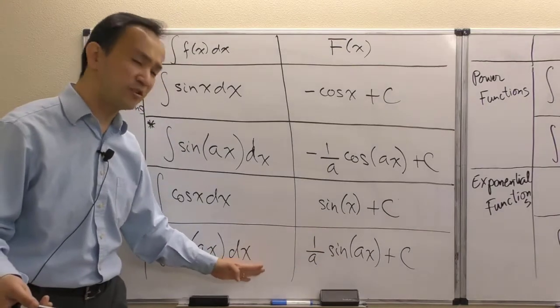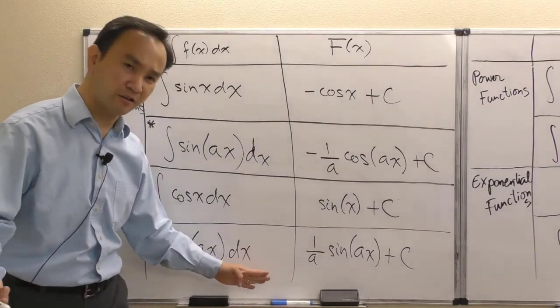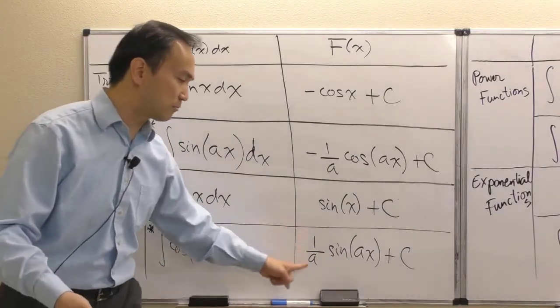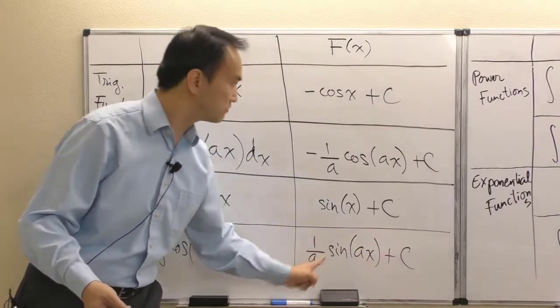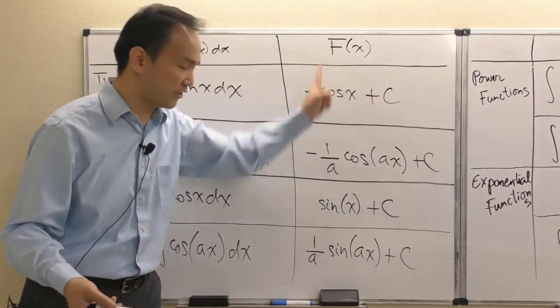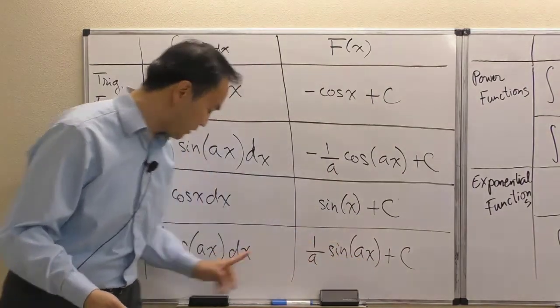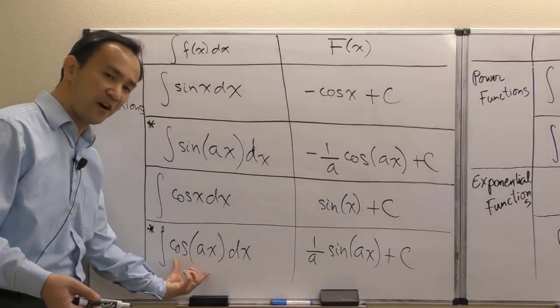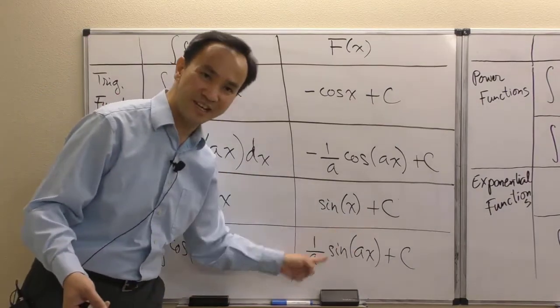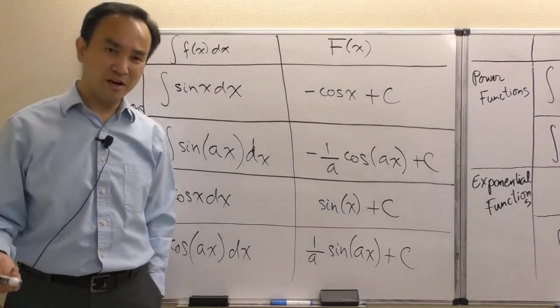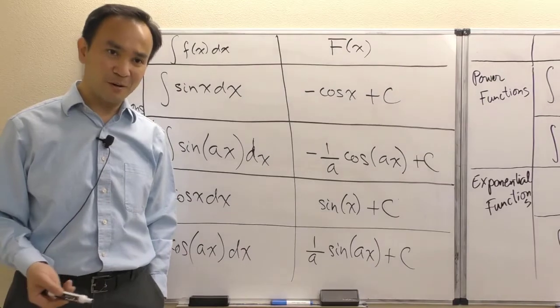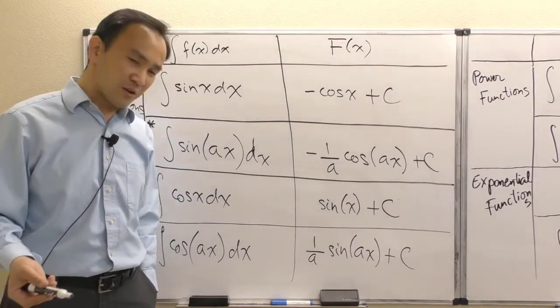So after watching this video, you can independently verify on your own by simply taking the derivative of this right hand side column of the antiderivative. Once we land on this original beginning function, that means this is the correct antiderivative. I mentioned this in the earlier part of the video, and I want to re-emphasize it again.